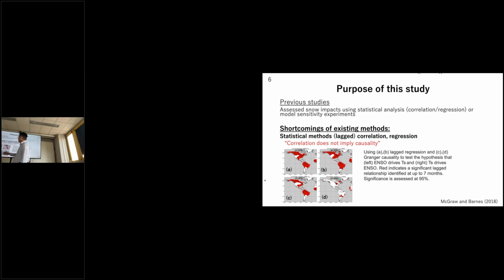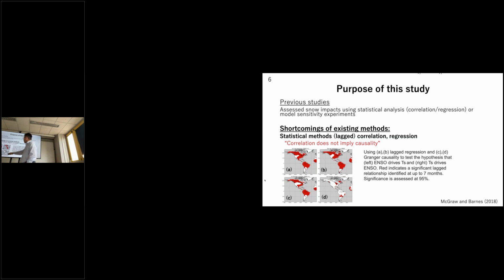Because of the slow variation of the ENSO, even if we take the lag correlations, we often get the similar pattern whether the ENSO precedes the surface temperature or the surface temperature precedes the ENSO. So we can't use the lag regression to disentangle the causality because of the slow varying ENSO characteristic.